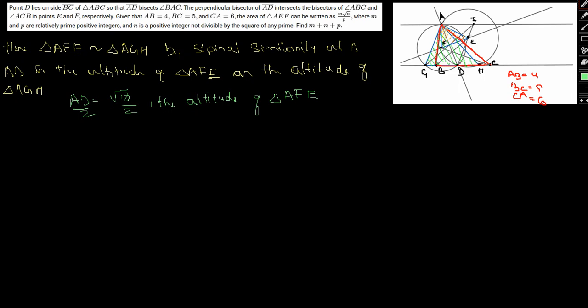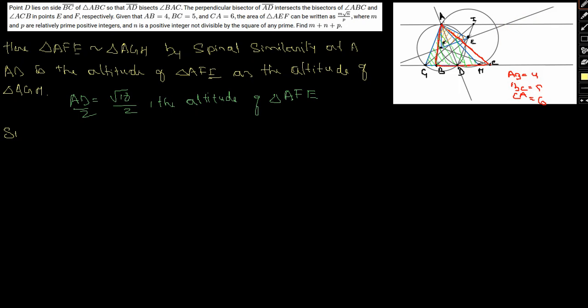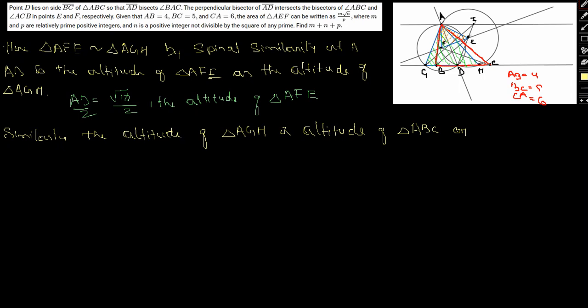Similarly, the altitude of triangle AGH is the altitude of triangle ABC, or 12 by root 7.